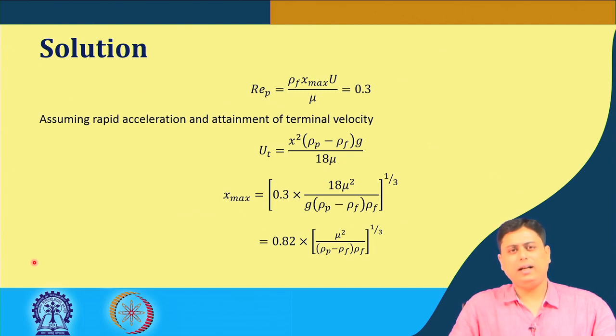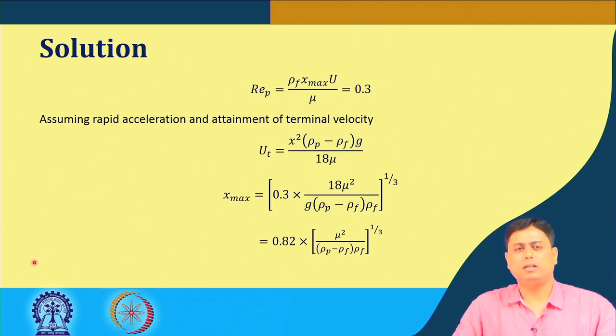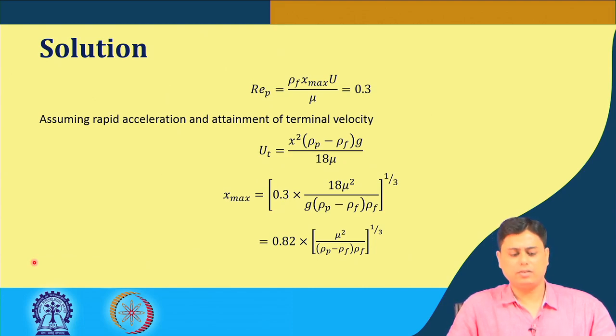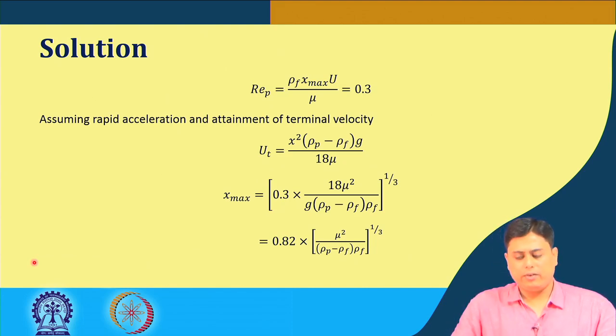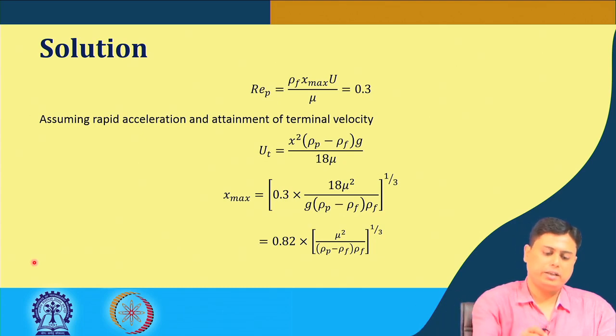Also, the assumption is that this particle, whatever the size is, quickly attains its terminal velocity, so the acceleration and the time taken to reach that terminal velocity is comparatively less. So we can write this terminal velocity expression from this, and we replace this terminal velocity here in this expression and find the expression of the maximum diameter.